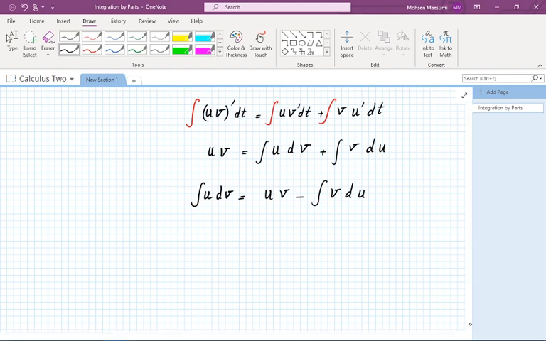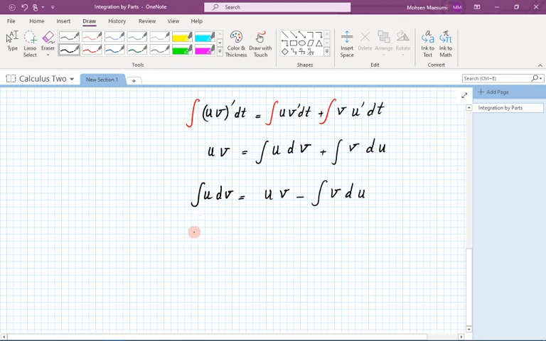Now, as a matter of notation, various faculty and textbooks use other styles of writing these things. Sometimes instead of the pair u and v, they use f and g or whatever else. Any pair of consecutive letters is a nice way of making a little formula out of it.